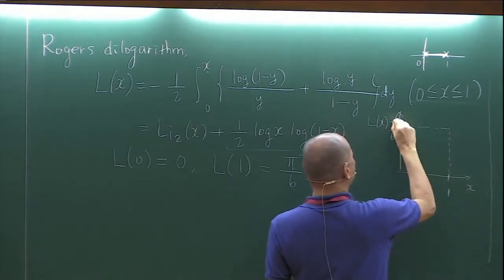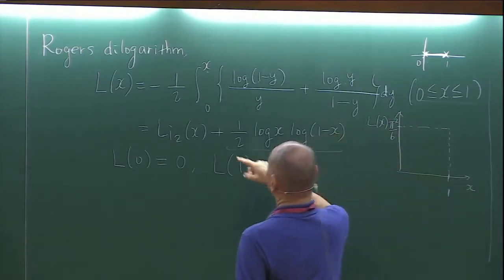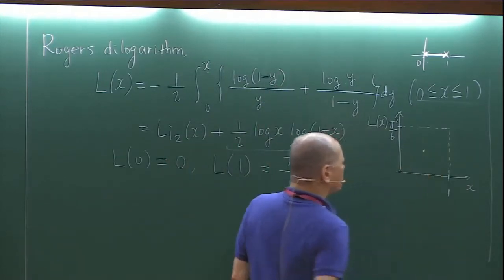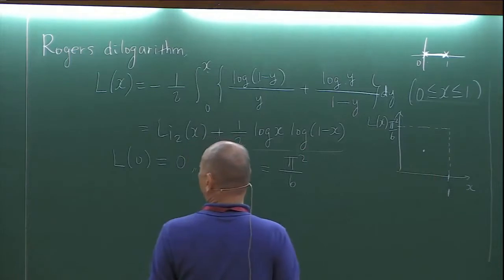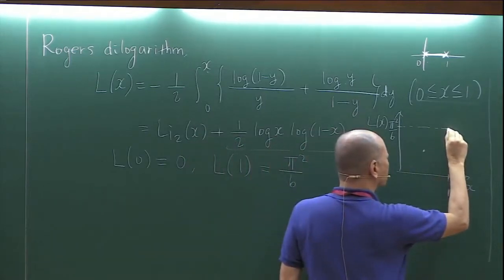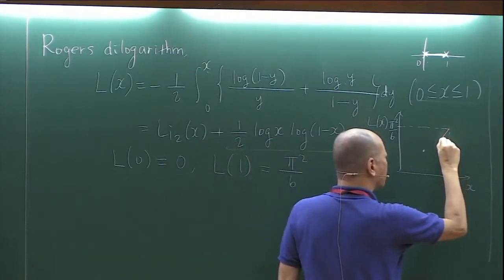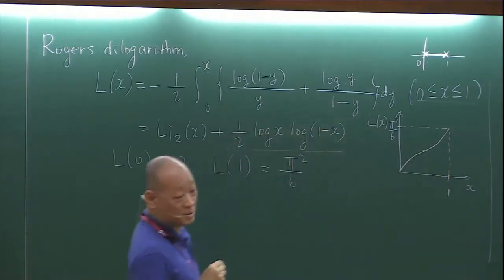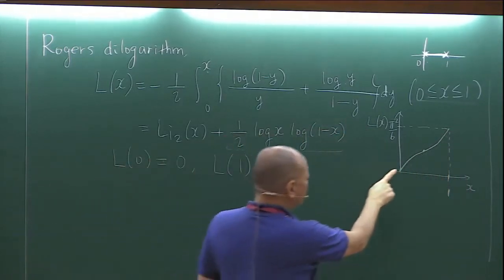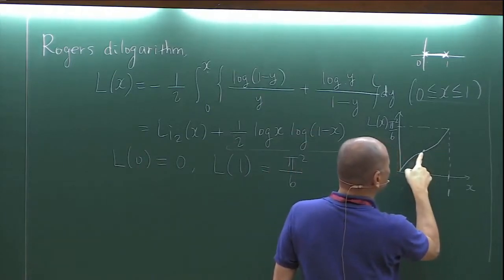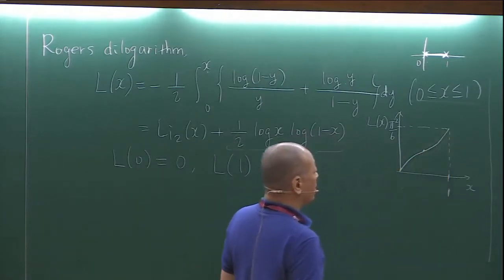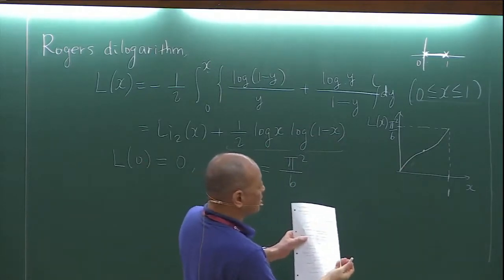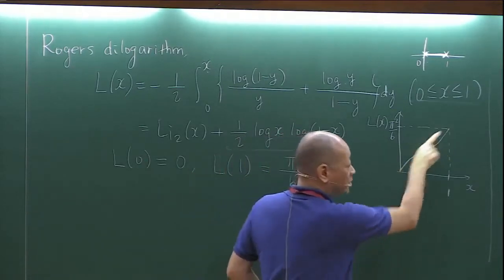Due to this symmetrization, it becomes symmetric with respect to the middle point. It looks something like this: slightly curved, passing through the middle point. But if you look at the actual Mathematica plot, it's almost linear.